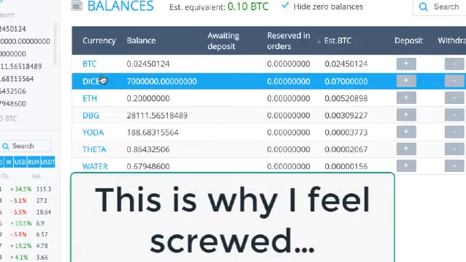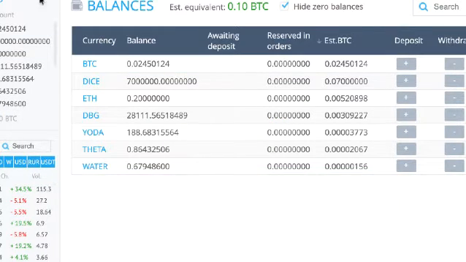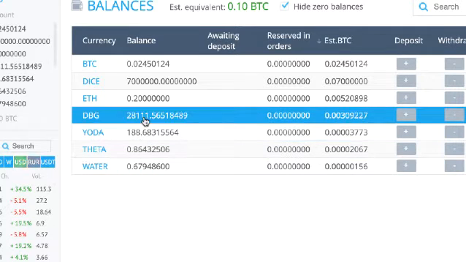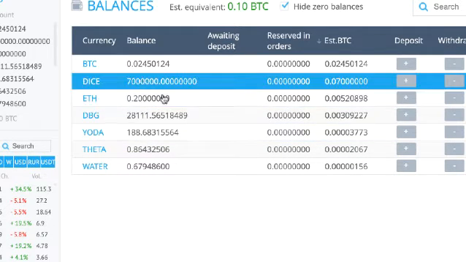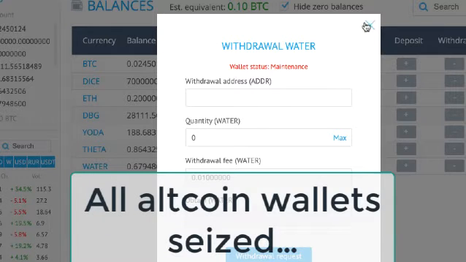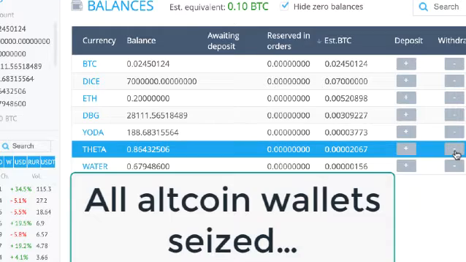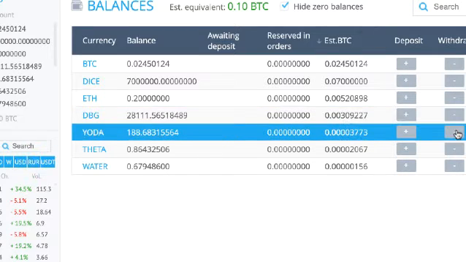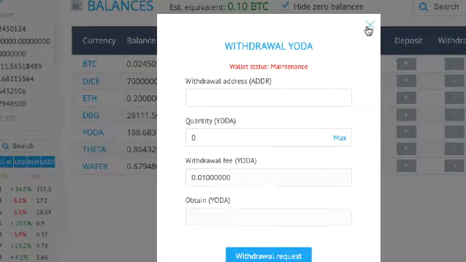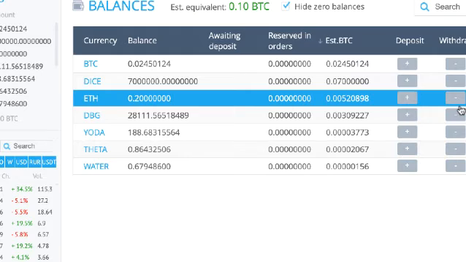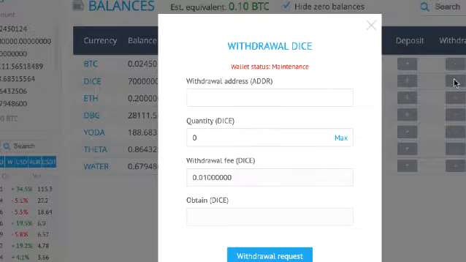The other thing I'll observe about the wallets here is that, for example, I got some Water, some Theta, some Yoda, some DGB, and Dice, which are all alts. But if I look at these, each one of these wallets is in maintenance mode, and there's absolutely nothing I can do. So this is a little bit of Theta, a little Yoda, maintenance, digibyte, maintenance, Ethereum, let's see, Dice, maintenance.